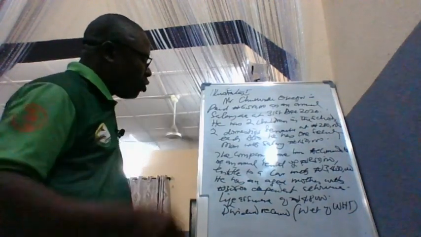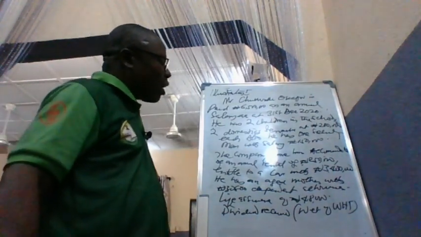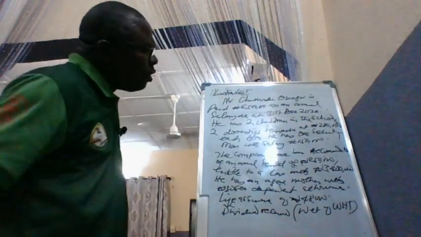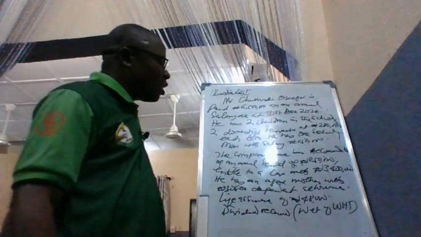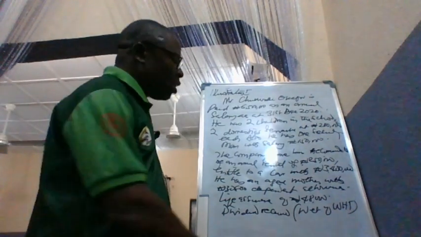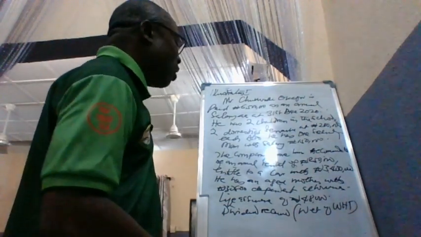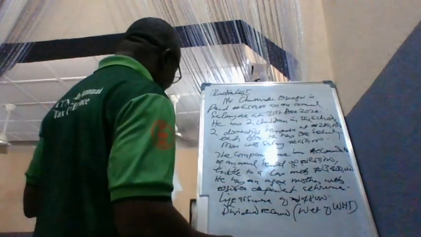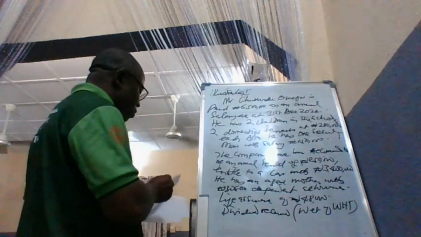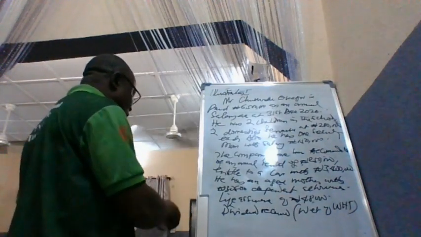Finally, the life assurance premium is 48,000 naira. And the dividends that Chukwudi received were net and not gross, so we need to gross it up and know exactly how much he is entitled to. Let's go into the computations of these questions.